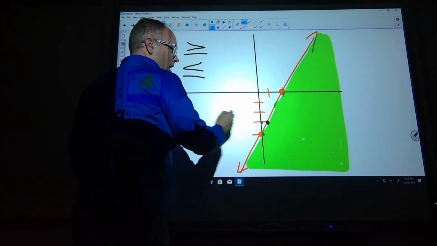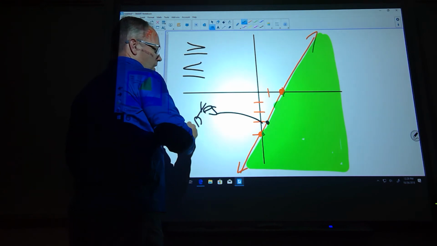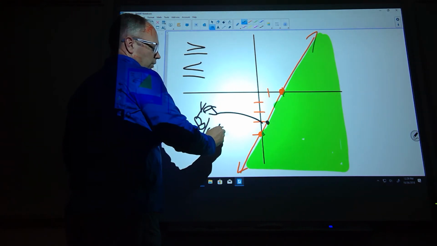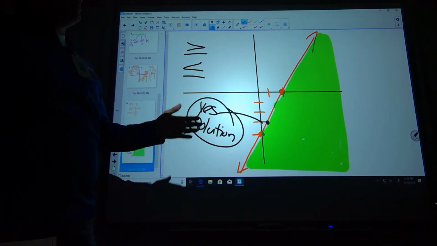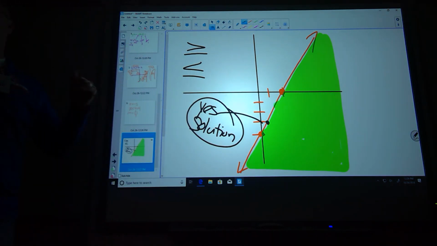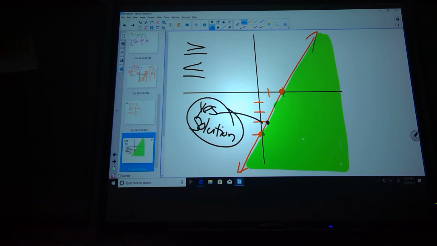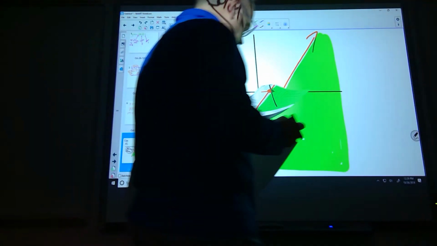So yes, it is a solution. If it's on the line and it's greater than or equal to or less than or equal to, it's part of the solution. If that was a dotted line and it landed on the line, it is not part of the solution.